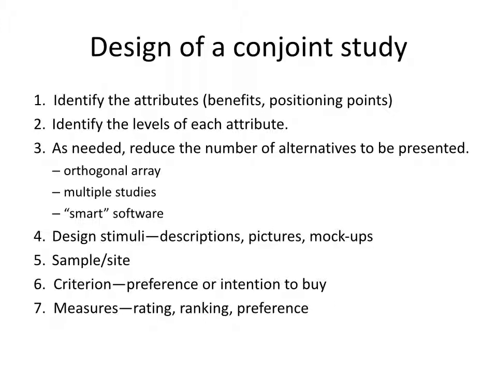A second alternative is to do multiple studies. So if there are, say, 500 product configurations to be evaluated, one could have a sample of people evaluate 100 of them, and then 4 other samples evaluate other groups of 100. That sort of research design is complicated because I have different people doing the same measures. So an additional source of variance across those 5 groups.